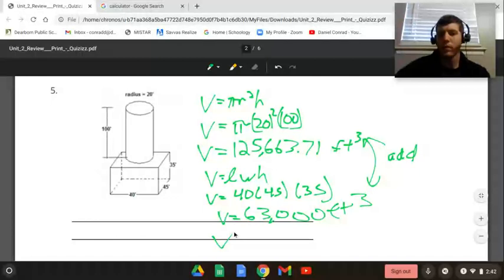And so our total volume here is going to be 88,663.71 feet cubed.